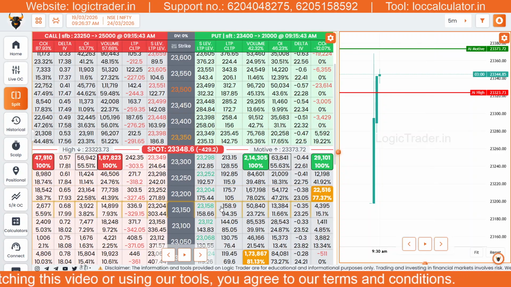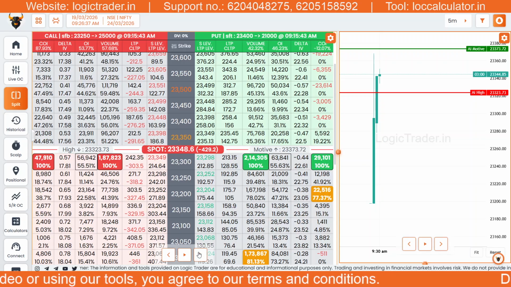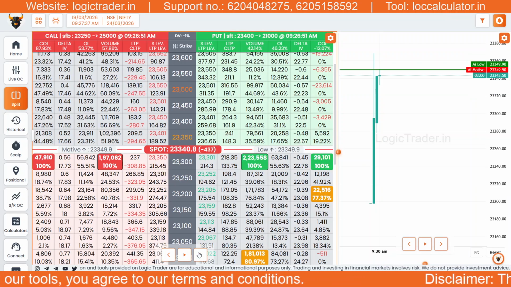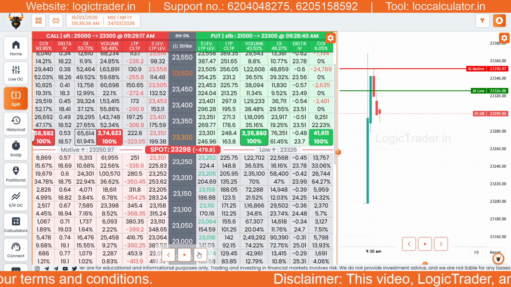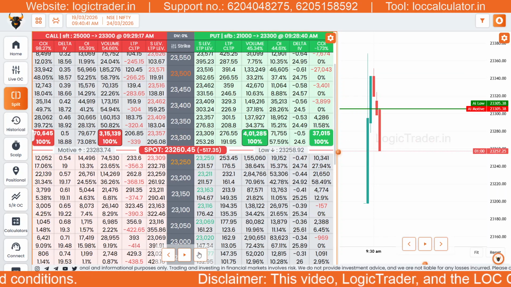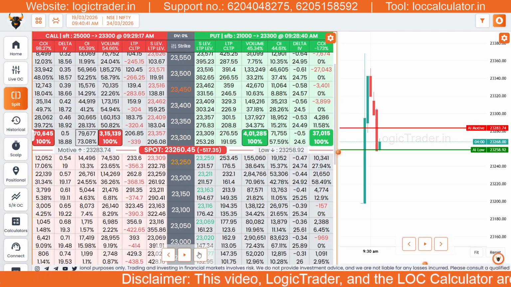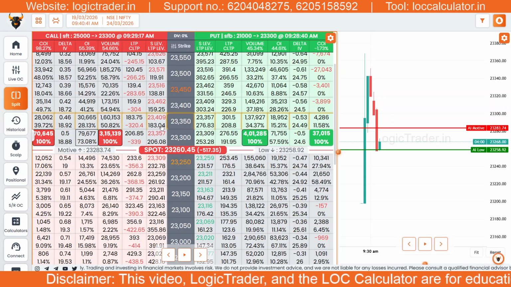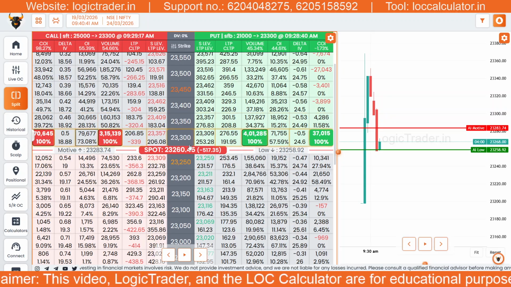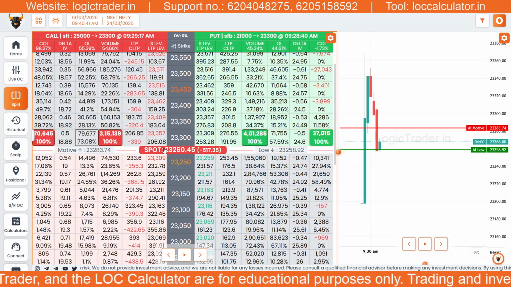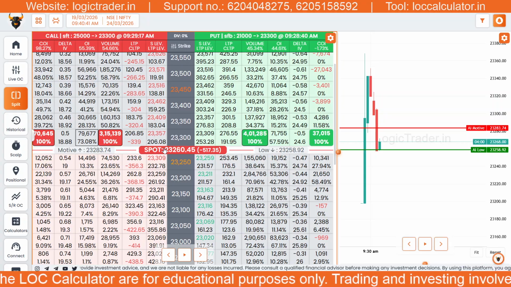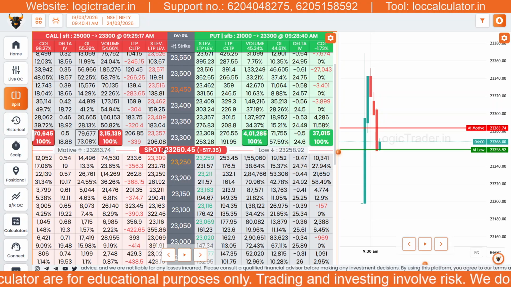Now as we move forward and reach around 9:40 a.m., we can observe that there is no stability in Motive AI signals. These signals are continuously changing, which indicates that the market structure is not yet clear.